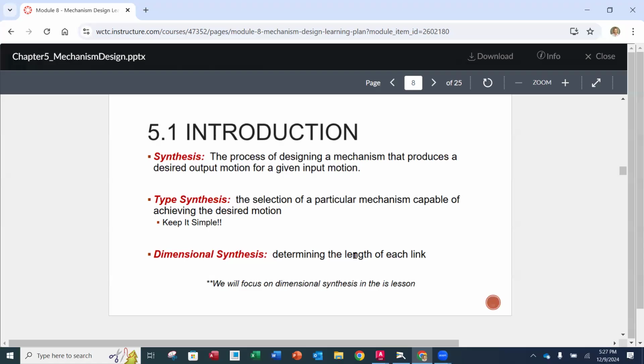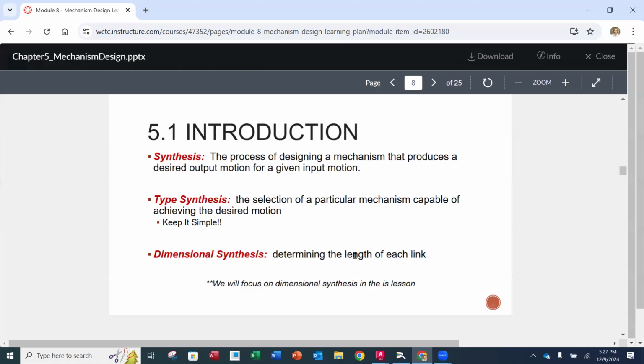Are we going to be maybe utilizing different types of drives, belt drives, chains, gears, and such to get our rotation in the right speed and, if you would, direction? And that's what you do at that point. We're going to have that identified for us. We're going to be like, this is going to be a slider crank mechanism, and then you're going to go through the process of finishing up the design. Or it's going to be a crank rocker mechanism, and you're going to finish up the design based on the criteria.